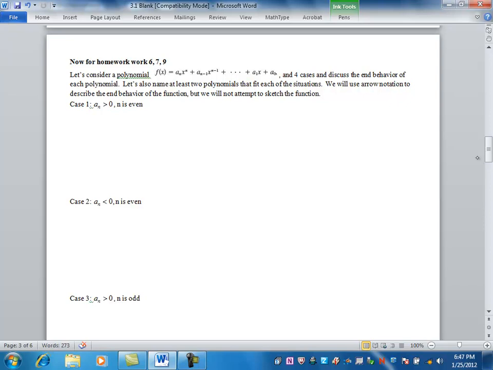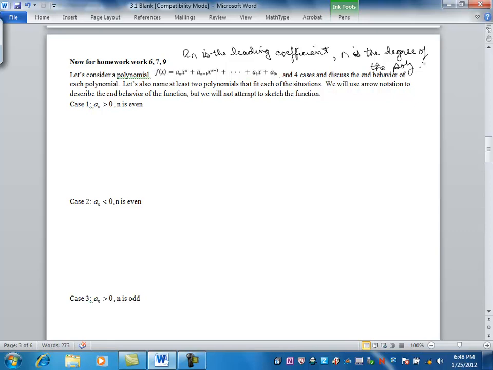We talked a little bit ago about how we're going to look at polynomials of degree bigger than 2. And so we're going to start out here with what happens when the leading coefficient, remember a sub n is the leading coefficient, and n is the degree of the polynomial.